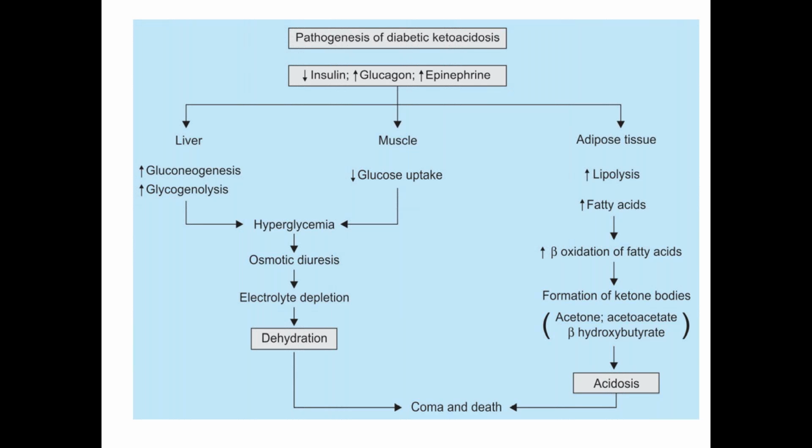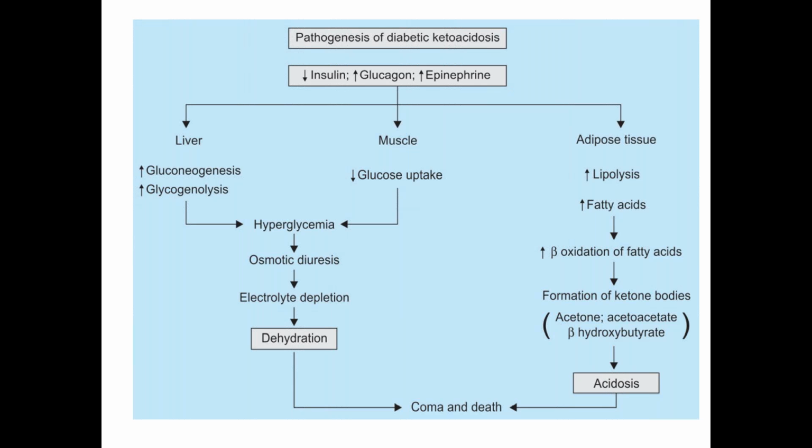So we should know the pathogenesis of diabetic ketoacidosis. It occurs in the absence of insulin, most commonly in type 1 diabetes, which is insulin dependent diabetes mellitus. So insulin must be given. In the absence of insulin, the action of other hormones which oppose the action of insulin is increased: glucagon and epinephrine.